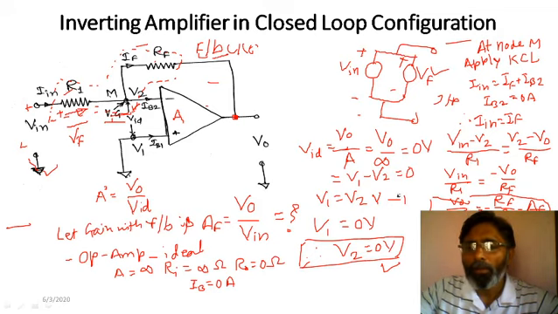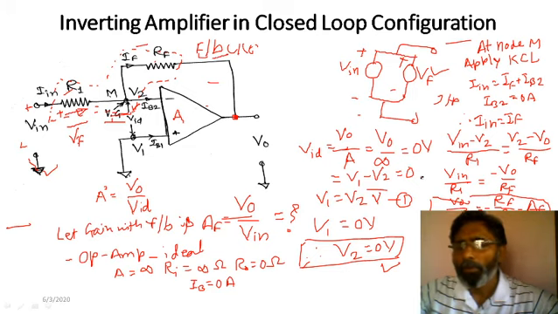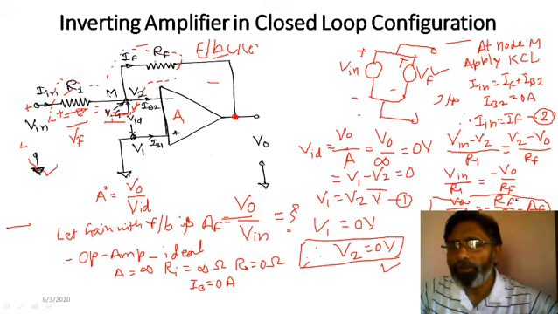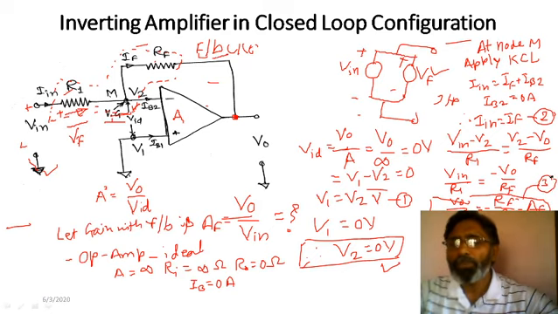This is equation 1. I in is equal to IF, let us say this is equation 2, and this equation for AF is equation 3. Now this equation 3 indicates that the minus sign means it is an inverting amplifier.